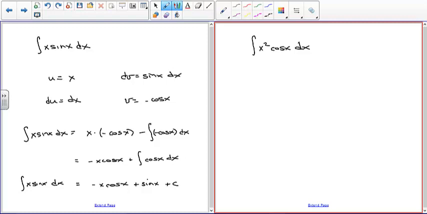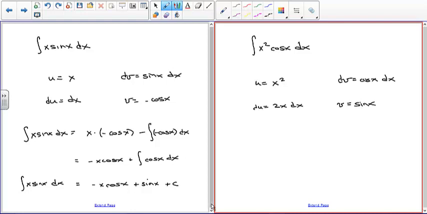So using that philosophy, the only thing that changes is x squared. U becomes x squared, and dv is still the trig function part. Then you take the derivative. Instead of the derivative being 1, the derivative here is 2x, and then you add your dx on the end. And then v, the integral of cosine of x, is the sine of x.